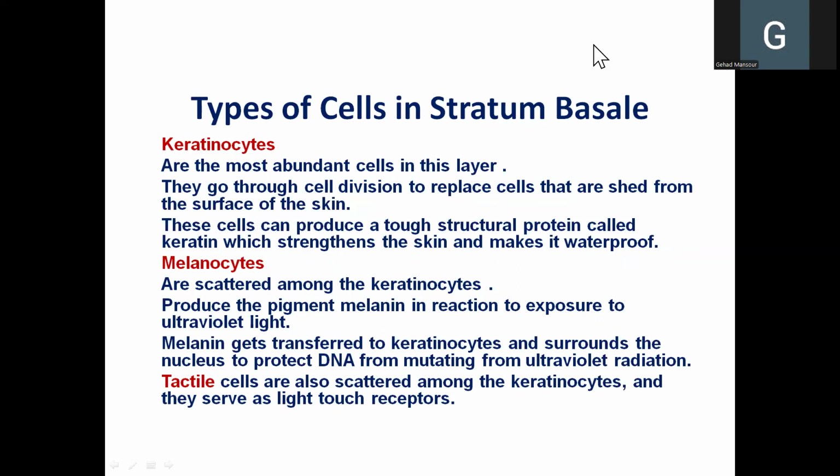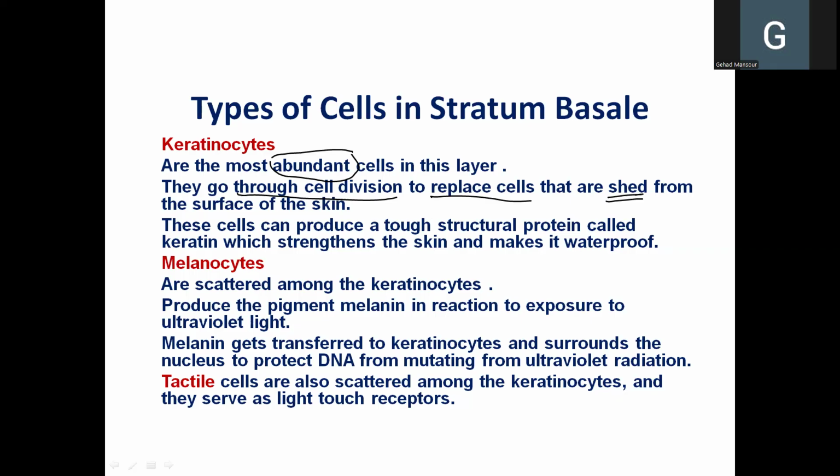We will read the content of the slide in order to wrap up what we have just said. The keratinocytes are the most abundant cells in this layer, which is the basal cell layer. As we said before, they go through cell division in order to replace the cells that are shed away from the superficial layers of the skin.